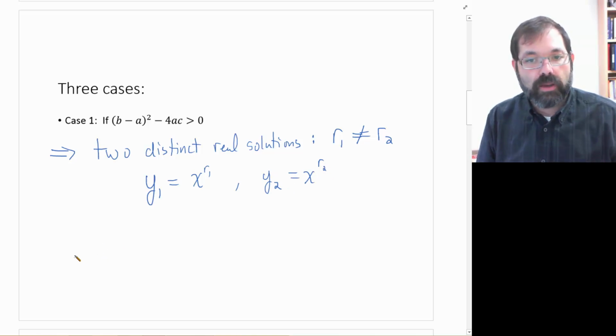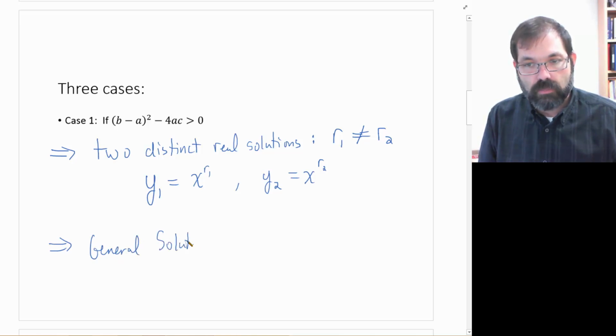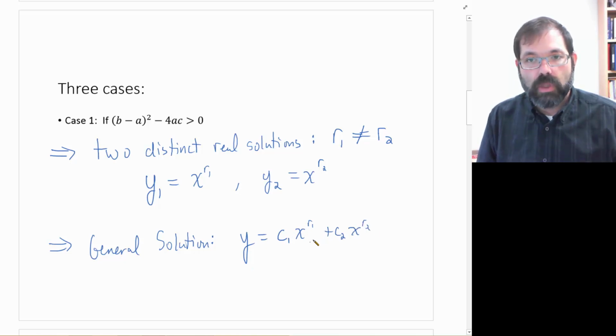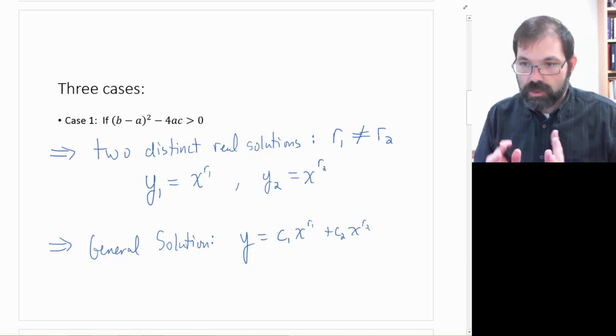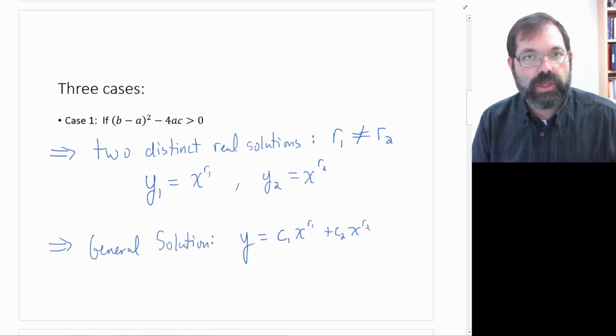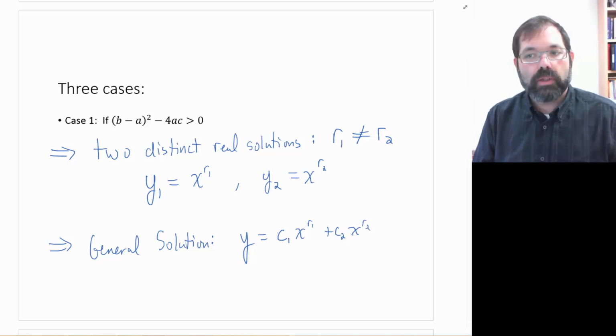And so then we would have our general solution, y equals c1 x to the r1 plus c2 x to the r2. So distinct real solutions, that's the easier situation. Just following our assumption that the solutions were of the form y equals x to the r.